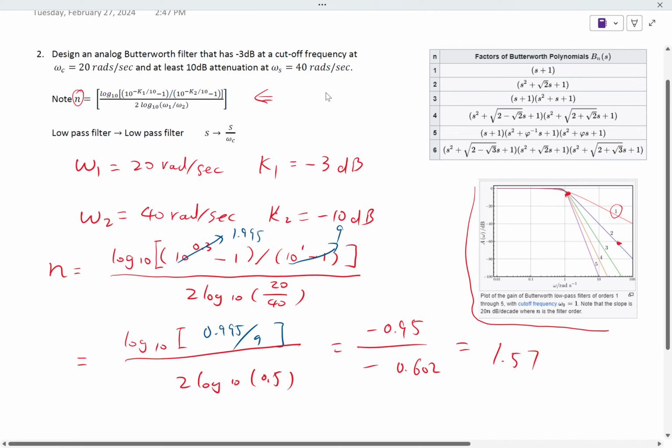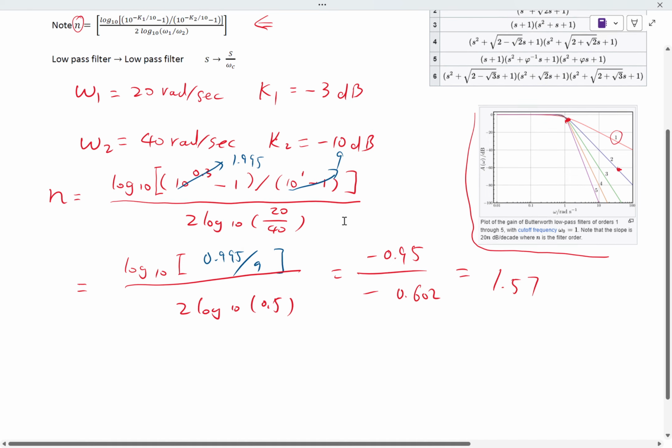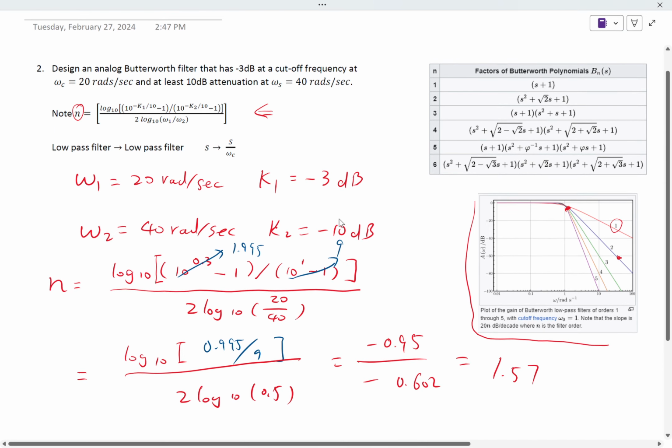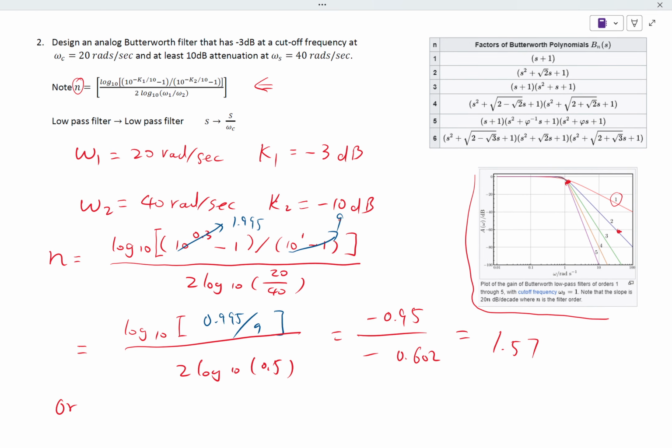That's what I get. And the order of your equation needs to be an integer, so we take 2. So 2 is enough, right?